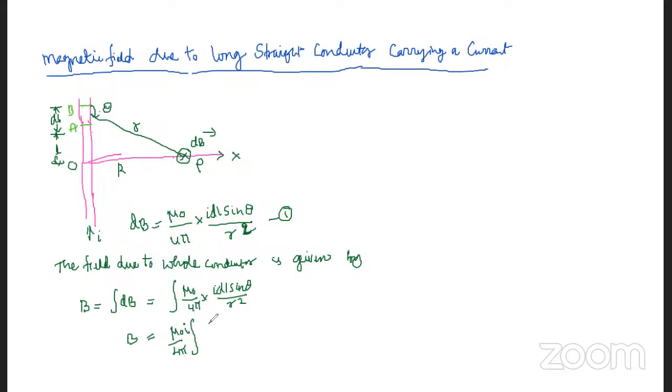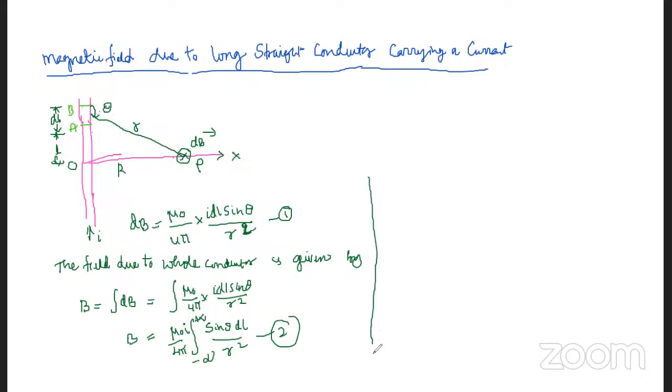So B is equal to the integration of sine theta dl by r square. As we have taken this as a long straight conductor, the limits are from minus infinity to plus infinity.